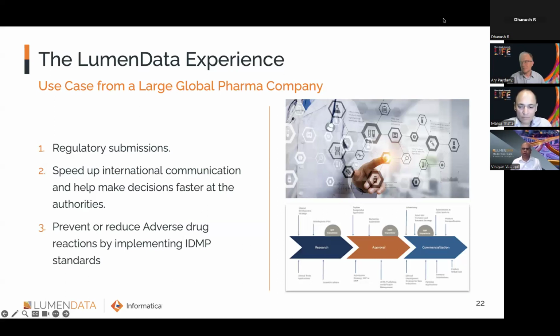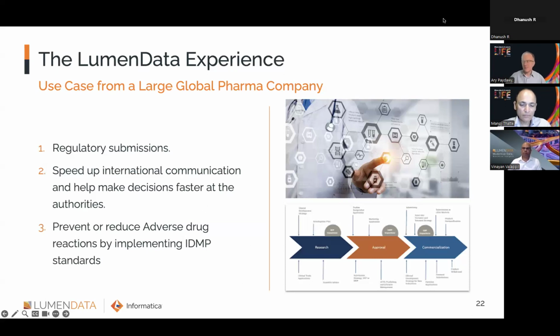It's a huge task if you think about it globally. Like an IT software company, when they build a product, it's deployed across the world, right? Similarly, a pharma company, when they have a product, it's sold across the world. So you think about the level of regulatory affairs work that goes into this globally, right? So we would speed up the whole process and provide details to make decisions faster, right?